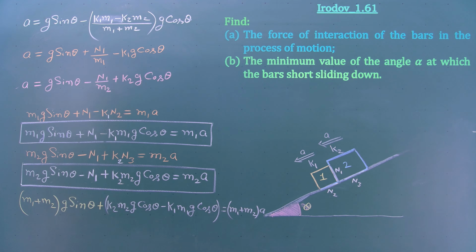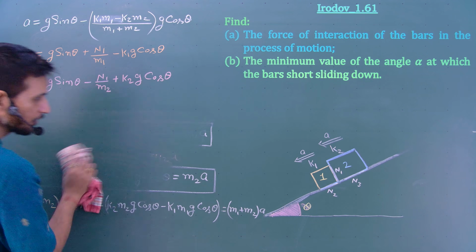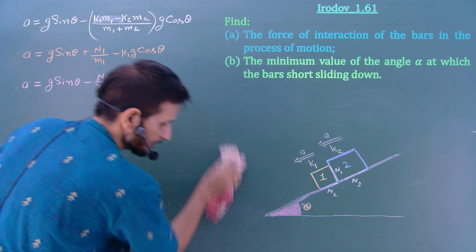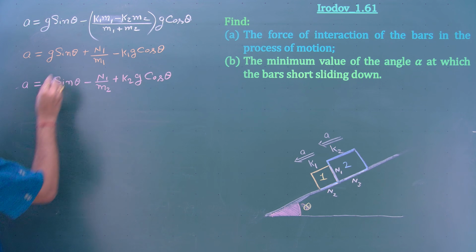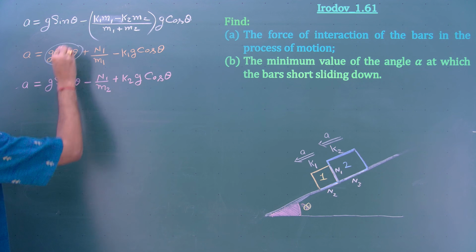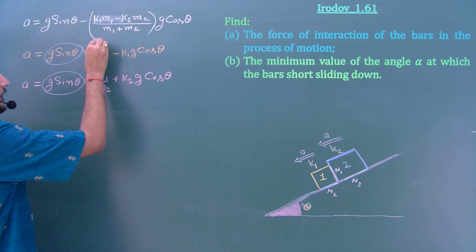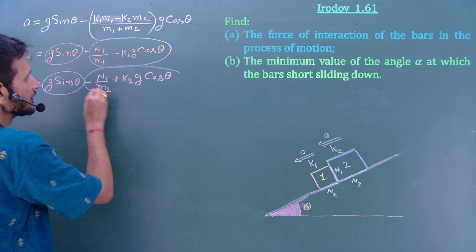So from these two equations, both are the value of a. Left hand sides are equal, so right hand sides must be equal. It means that g sin theta, g sin theta cancel. Now this part must be equal to this part.